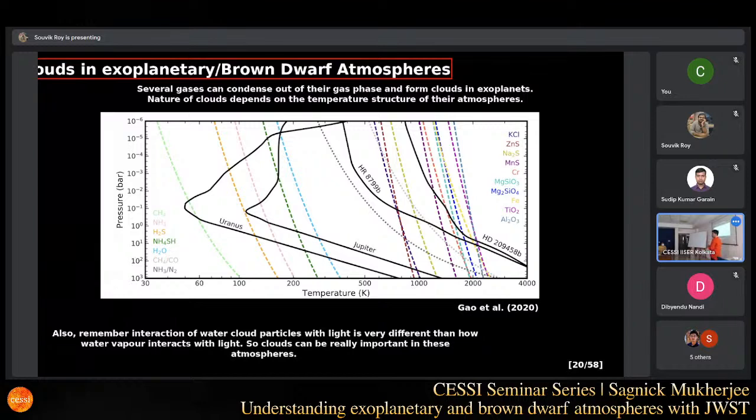And some exoplanets are expected to have clouds made up of iron or other rock-like minerals. Just think about that. So clouds can get really exotic. And clouds can impact your atmosphere to a large extent because clouds can trap a lot of heat. So clouds are also really important when you're thinking about modeling such objects.